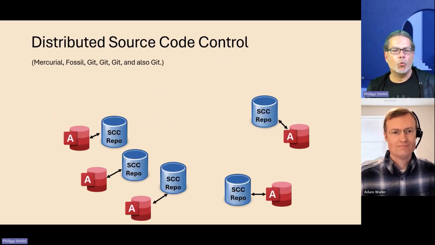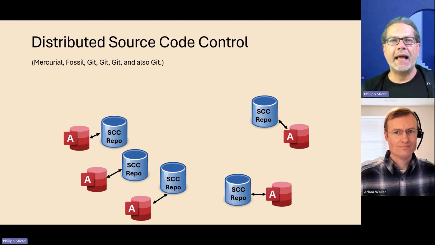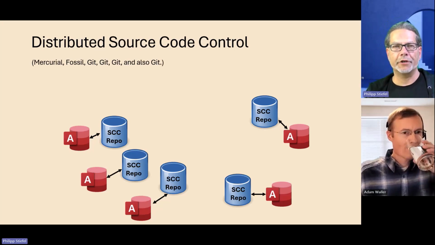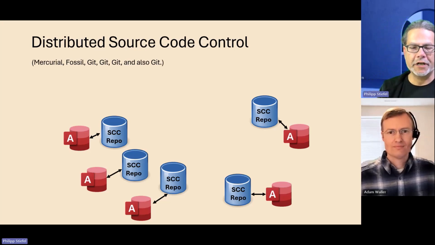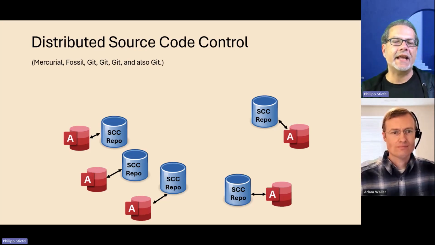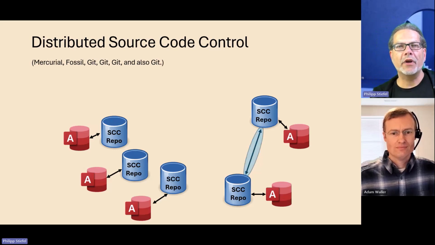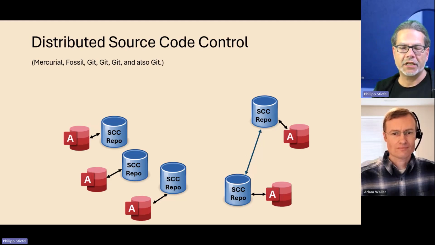Now, with distributed version control, the picture is different. Every developer has a local repository on his own computer. And this repository is what he is doing his daily work to. And he can collaborate with individual other developers by synchronizing his repository with that of the other developer.